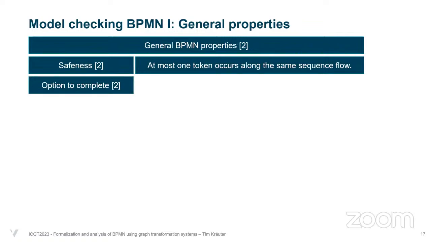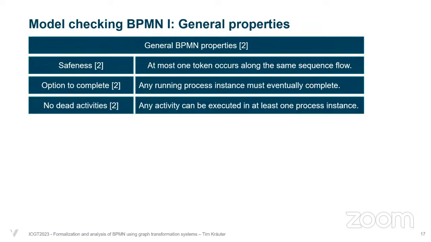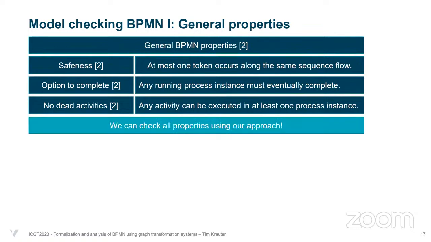Can my process always terminate, or is there a combination of gateways I am taking which leads to our process instance not terminating? This is a general property you can check for each of your models. And then, are there dead activities, which is similar to dead code? You want to eliminate those. We can also check for those. These come from the literature, the work on BPMN, and with our approach we can check all these properties. You will see later in the tool.